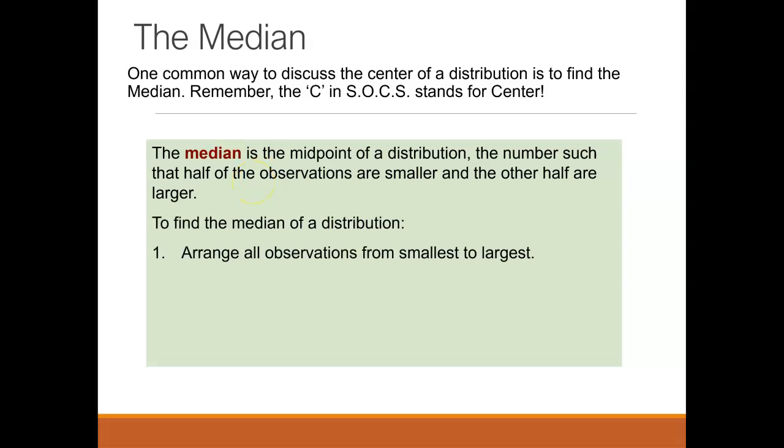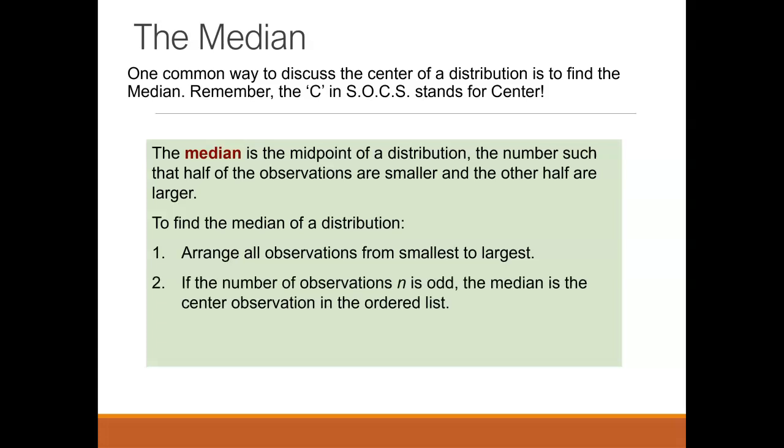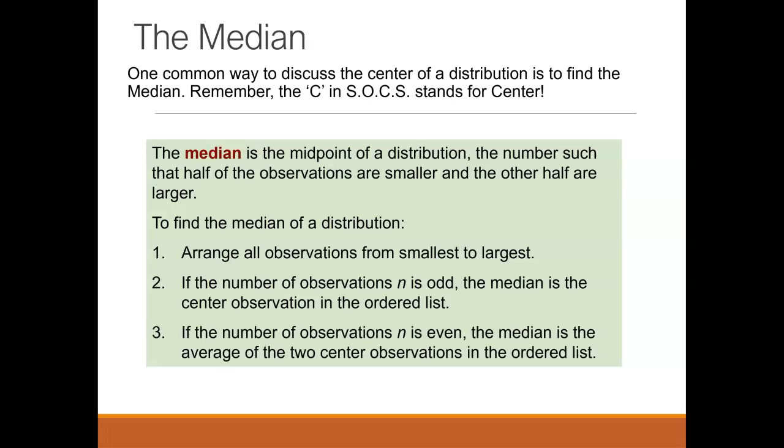So we arrange all our observations from smallest to largest. If the number of observations is odd, it's just going to be 1 value left in the middle. But if it was even, there's going to be 2 middle values, and you just take the average of those 2.